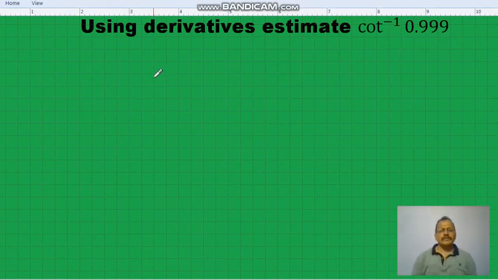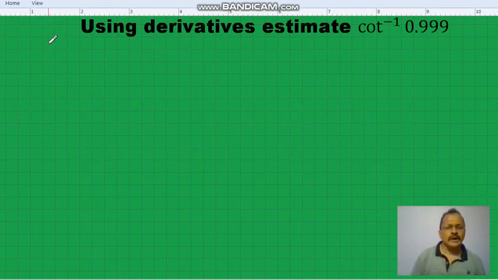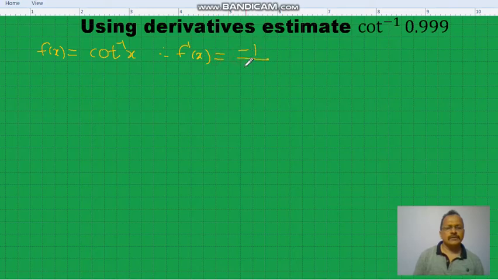New problem. Using derivatives, estimate cot inverse 0.999. Here I will take f(x) equal to cot inverse x, and therefore f'(x) is minus 1 upon 1 plus x square.